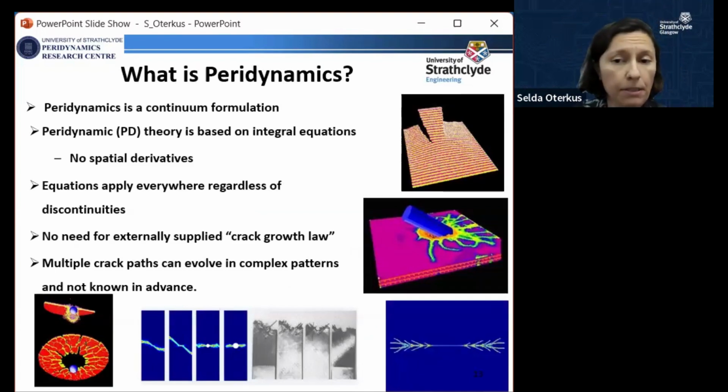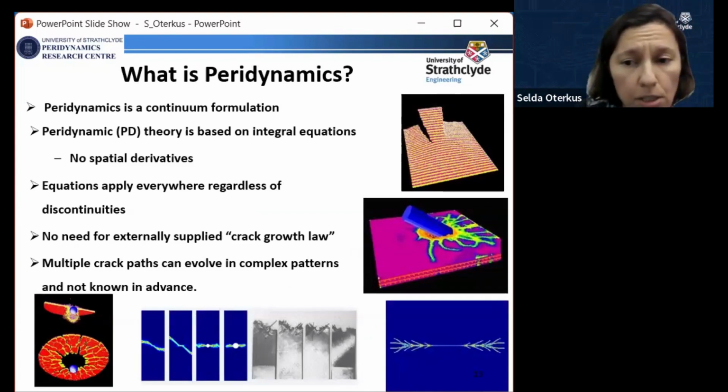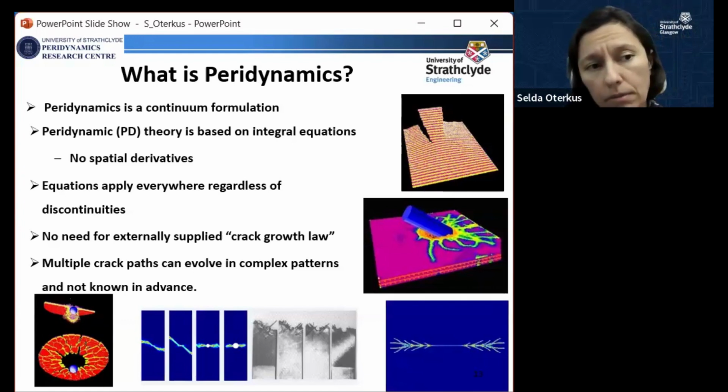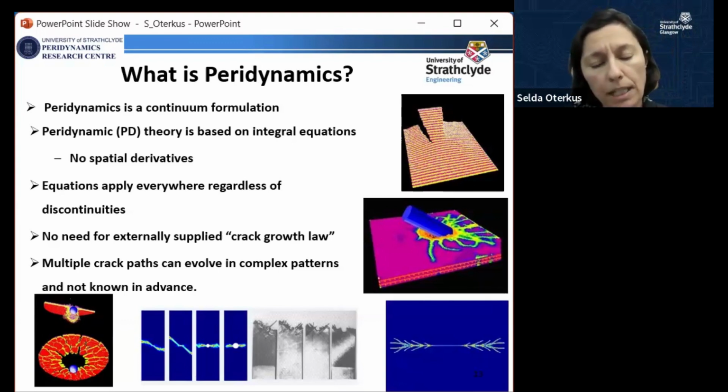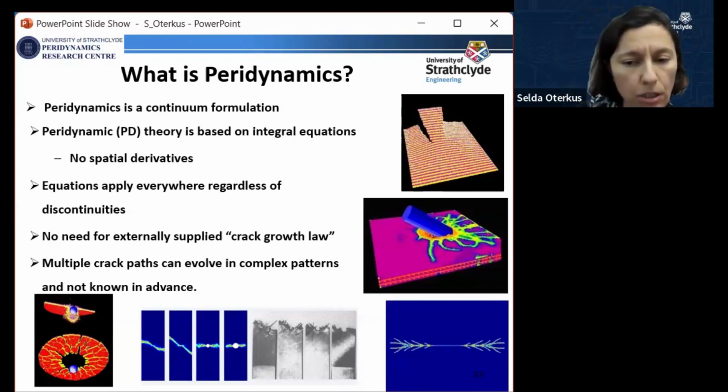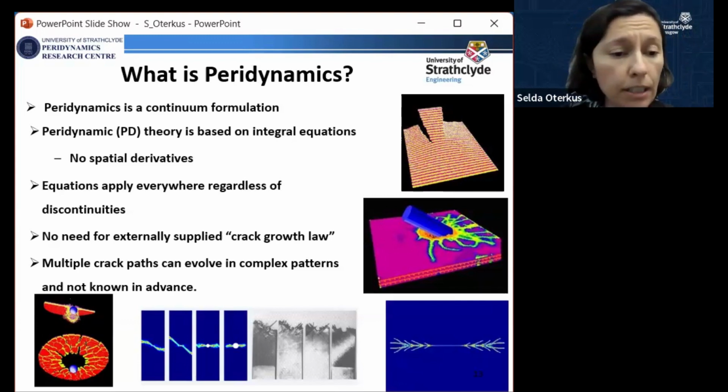So what is peridynamic theory? It's a new continuum formulation, and it is new because the type of equations that we are using are different than conventional continuum mechanics formulations. So, for example, in classical continuum mechanics formulation, we are using partial differential equations, but in this formulation, we are transforming the partial differential equations to integral form, which makes it easy to use when there is crack initiation or crack propagation.